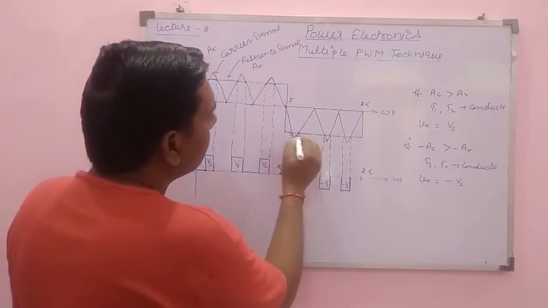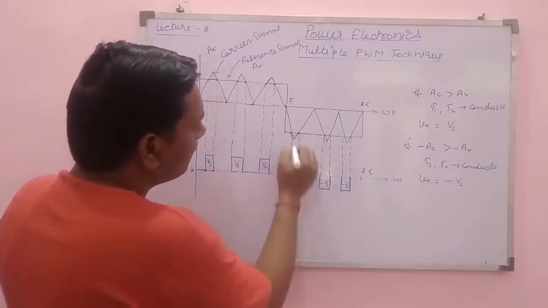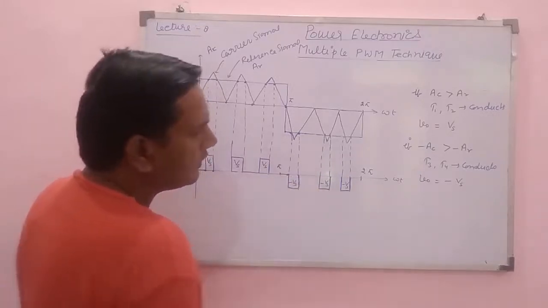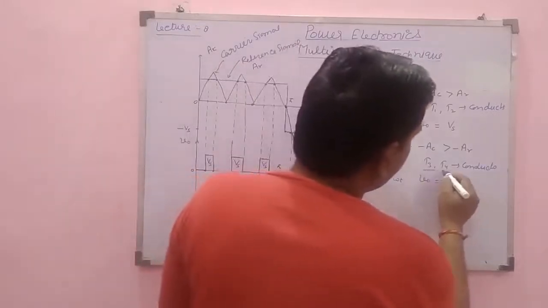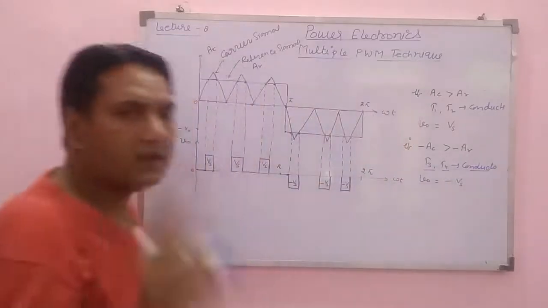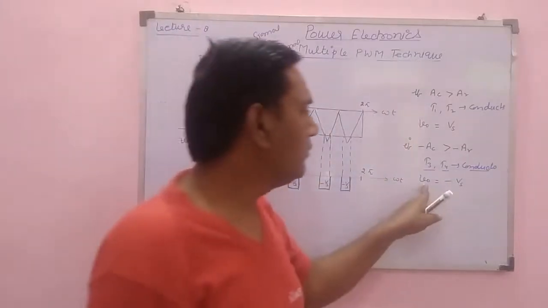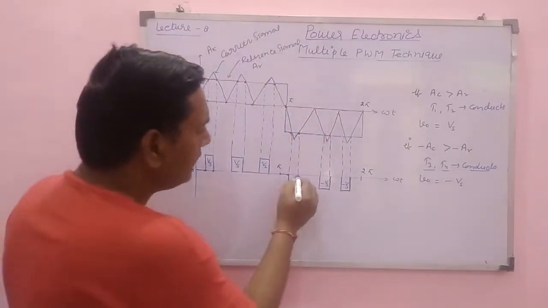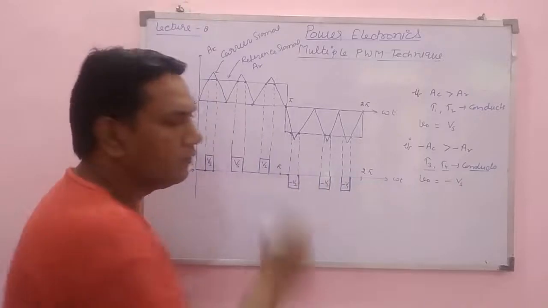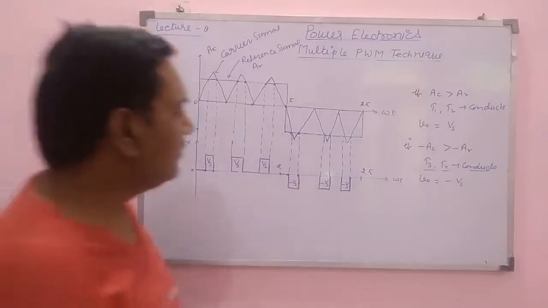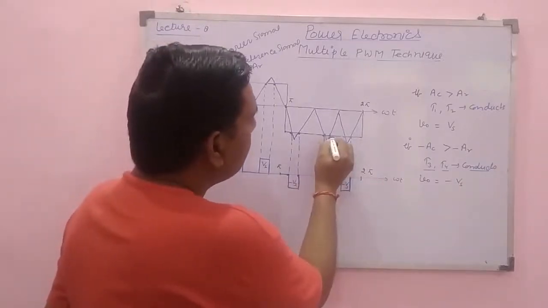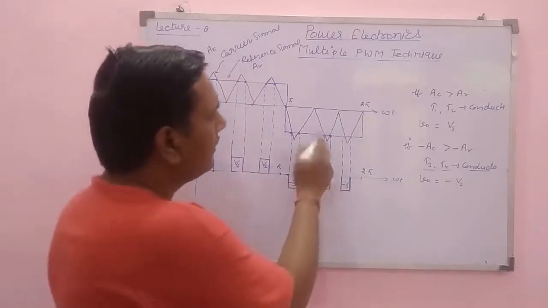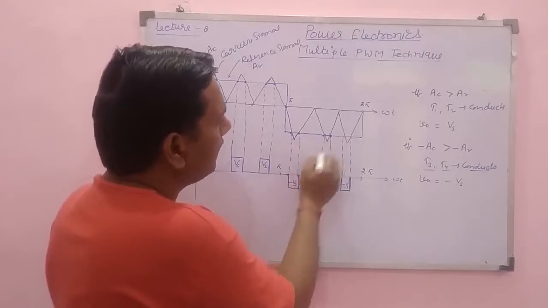This is the reference signal and this is the carrier signal. Between these two points we will get the output voltage, the condition being that T3 and T4 conduct, and the output voltage V naught will be equal to minus Vs. Similarly, between this point and this point, the amplitude of the carrier signal is greater than the negative amplitude of the reference signal.